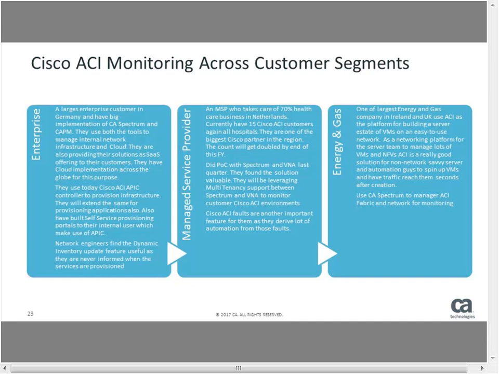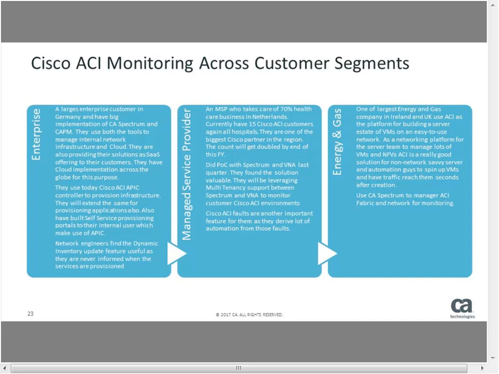The second example I want to give is of an MSP in the Netherlands. They own 70% of healthcare in that country, and they have decided to use Cisco ACI for all their customers. Today they have around 15 customers, and by end of this fiscal year, the size is almost getting doubled, and they will be using the Spectrum and VNA combination to serve their customers.